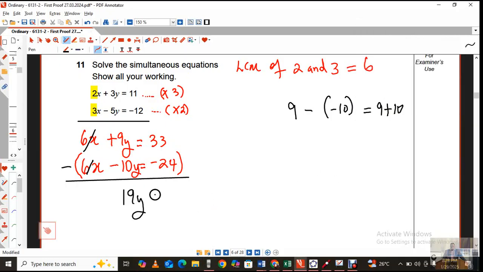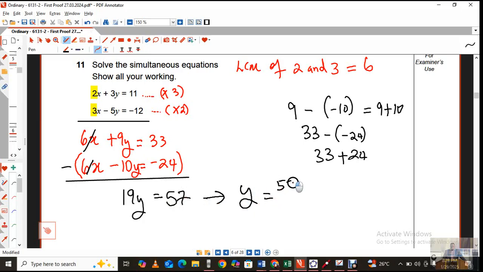Okay, so same logic. 33 minus minus 24 is the same. 33 take away negative 24 is the same as 33 plus 24. Okay, if you add that, that is 57. Okay, you can use your calculator. So this means that y will be 57 divided by 19, which gives us the value of y.